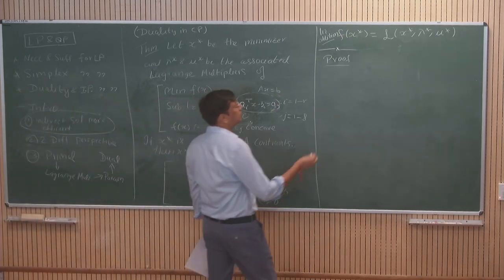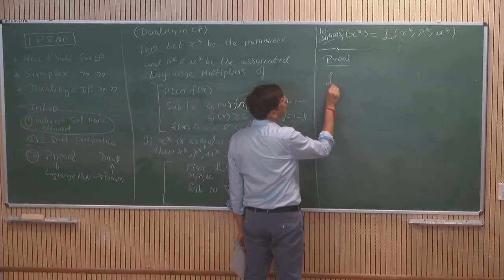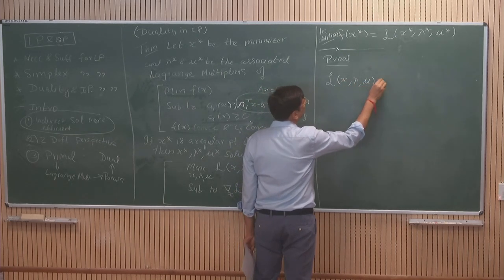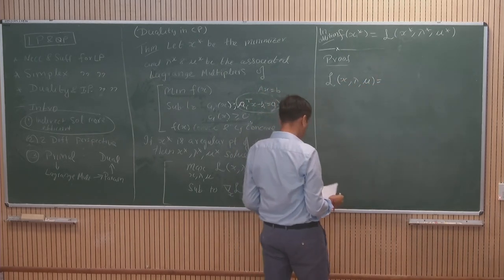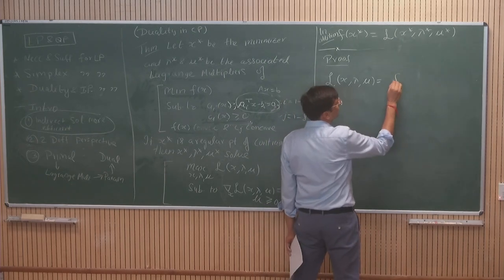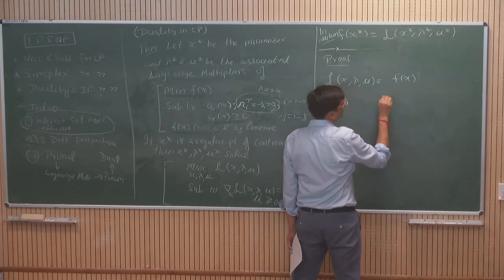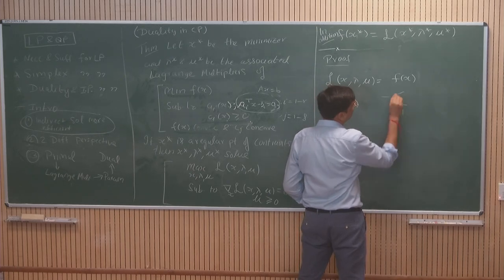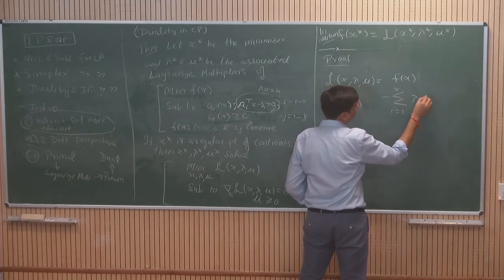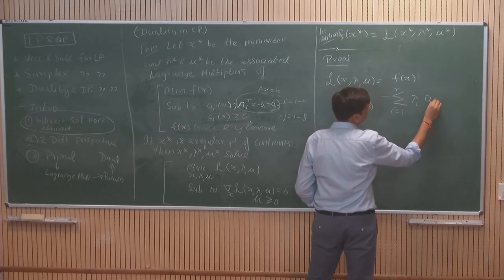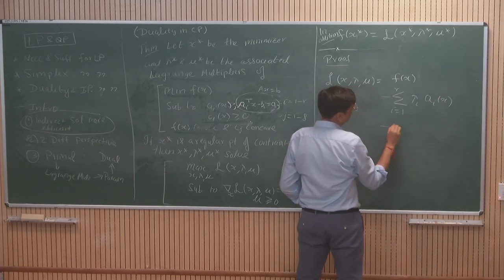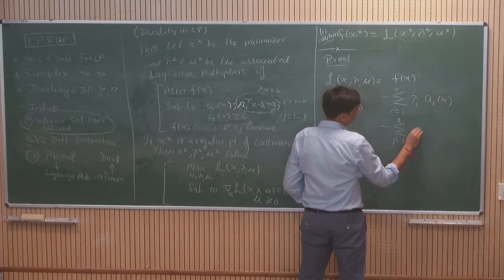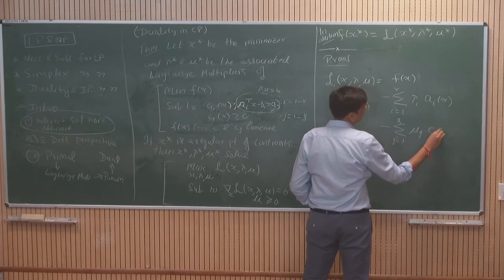Okay, help me then. If I have to write the Lagrangian of the function, what is it? Tell me. It is f(x) minus summation of i going from 1 to r lambda_i times a_i(x) minus summation j going from 1 through s mu_j c_j(x).